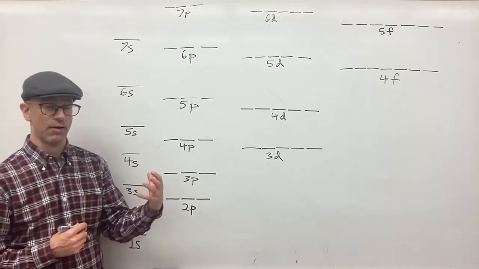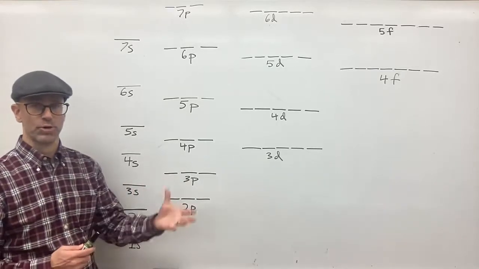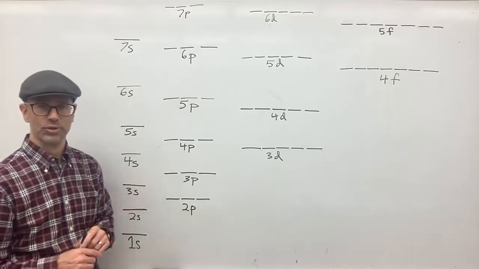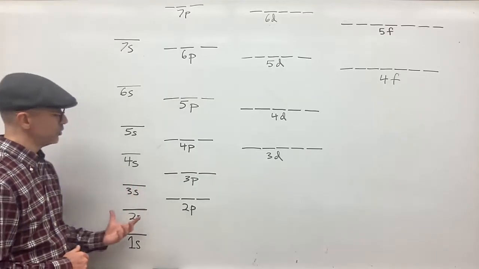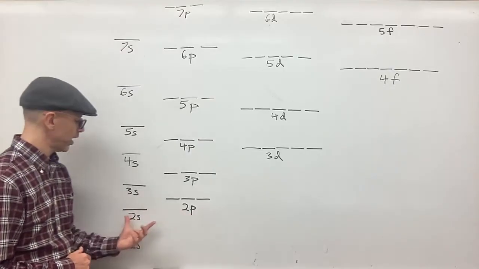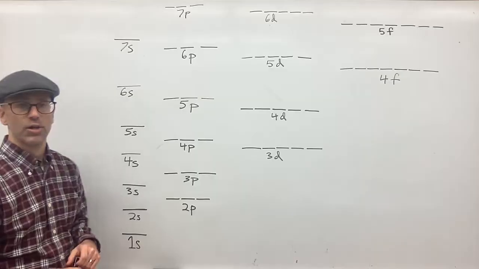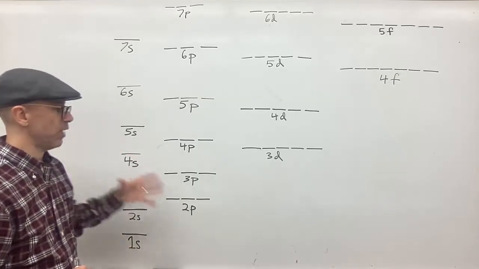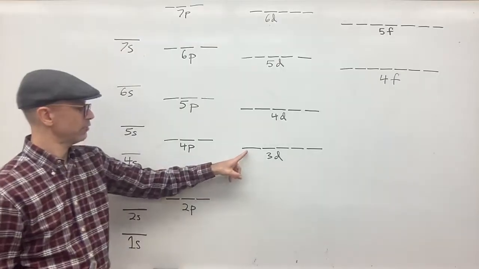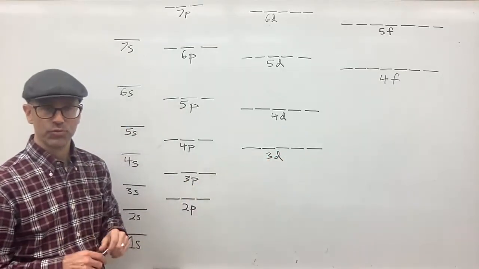There are suites that have one room. There are suites that have 2 rooms or 3 rooms or 4 rooms, depending on how big the suite is, right? So you can think of different sublevels as being the suites of the floor. And so in the suite you have rooms, and you can think of the orbitals in the suite as the rooms, right?